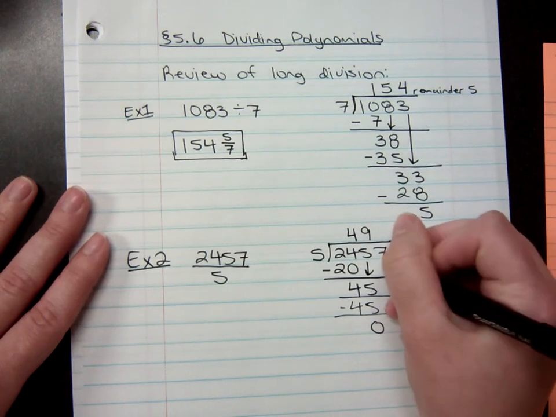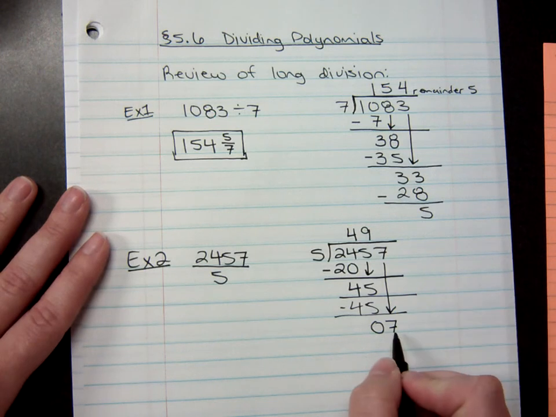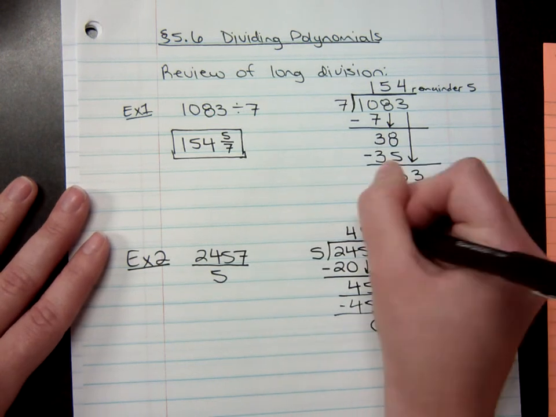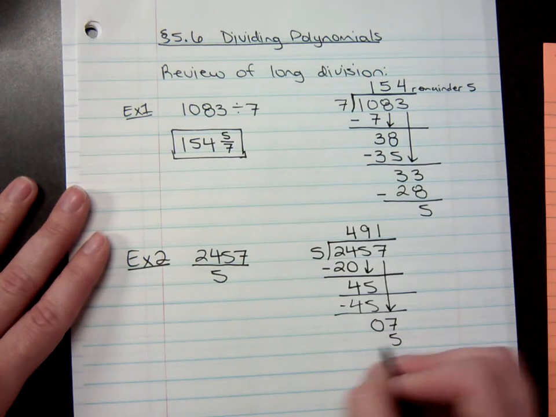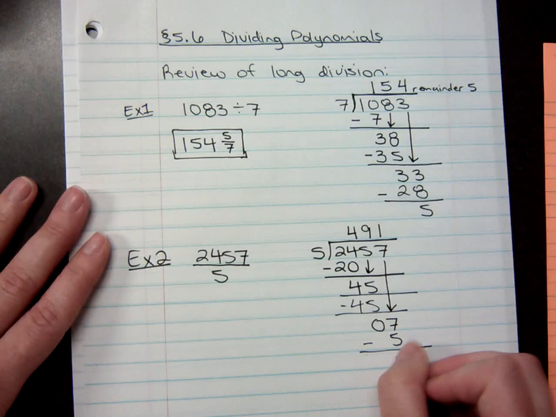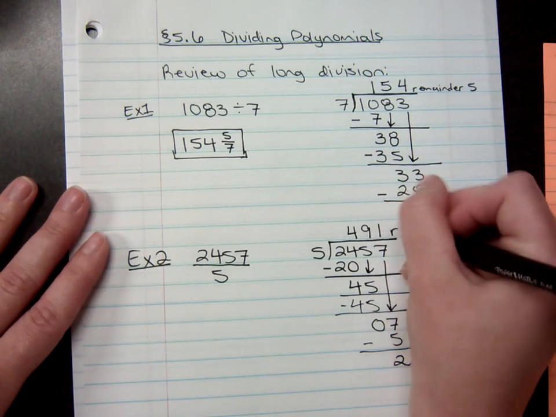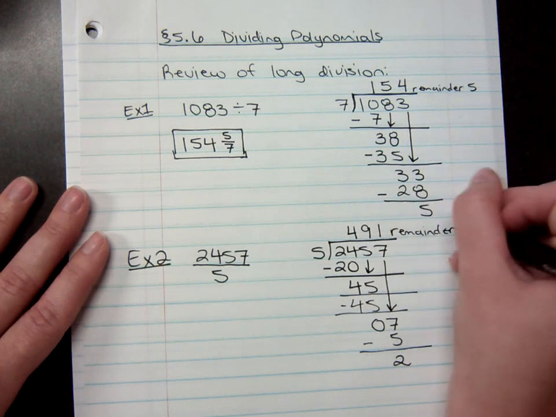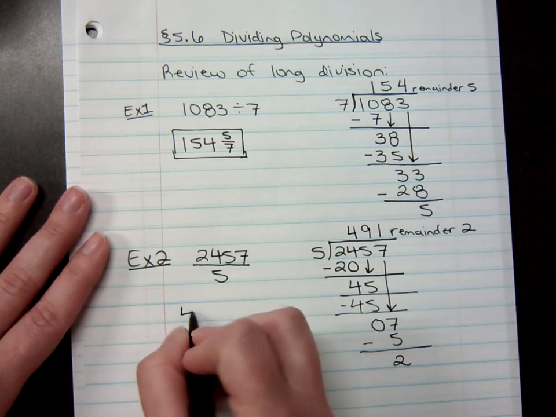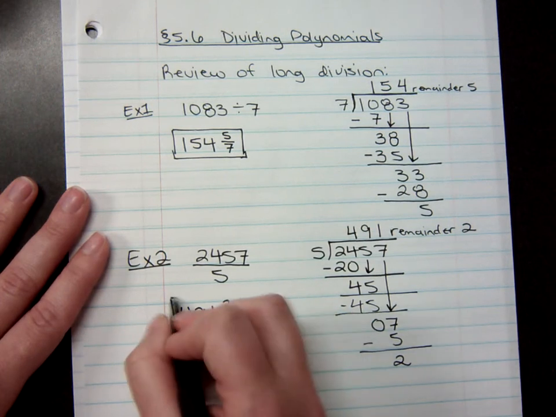No remainder. Bring down your 7. How many times does 5 go into 7? 1 time. 1 times 5 is 5. Subtract 2. 5 does not go into 2, so your remainder is 2, and we would write that 491 and 2/5.